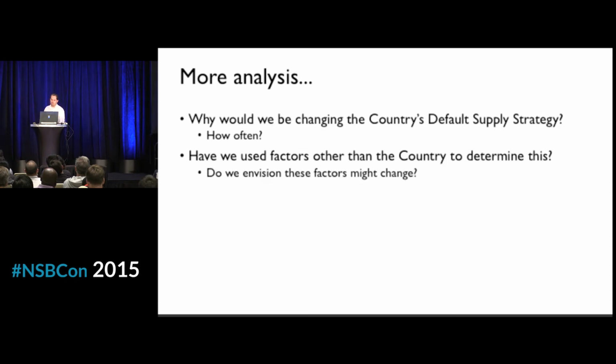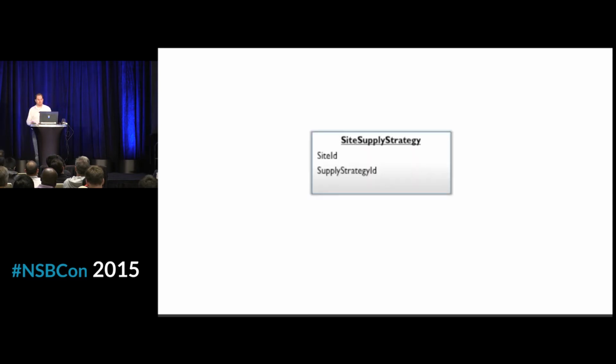So let's take all this and explore a couple different options. If we started with the site supply strategy, this would exist if a site wanted to use a particular supply strategy. If it didn't exist, that's when we would need the country information to do all the other joins. But is there a design that we could think of where we would only need this aggregate to figure it out?